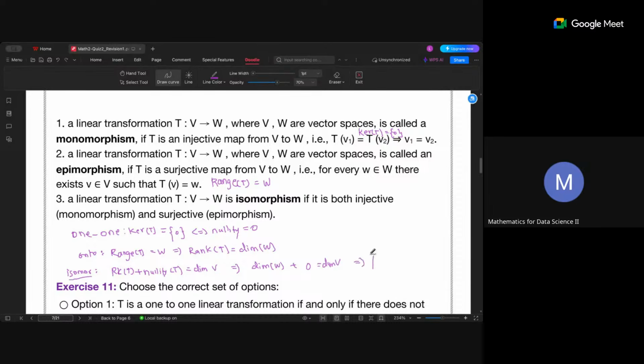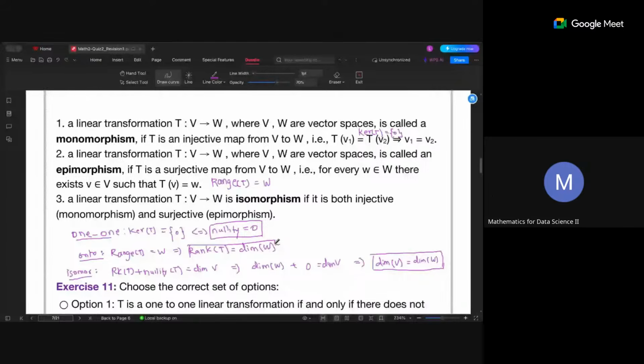Isomorphism means you will have dimension of V equal to dimension of W. Okay, so these are the important things you should know about one-to-one and isomorphism.